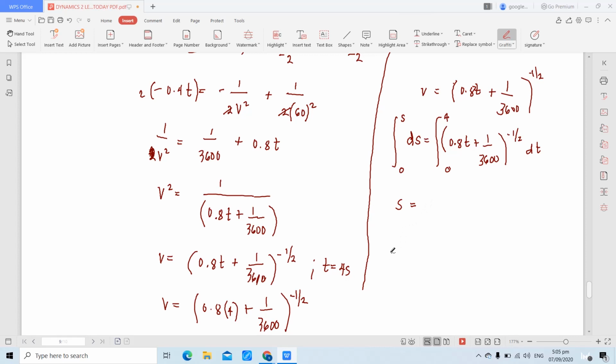Nakuha na, guys? 246.4 po. Paki-ulit-ulit, parang mali. Dapat po ang makukuha nyo dyan ay 224.47 meters.